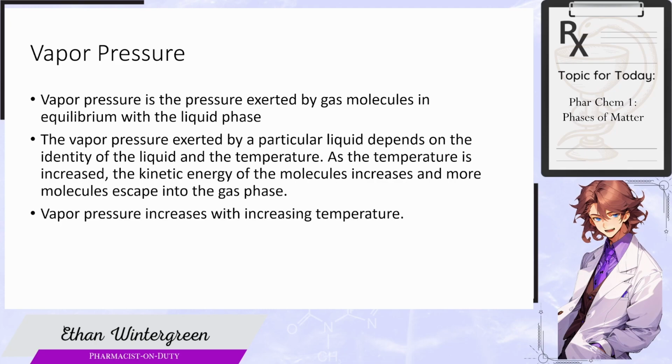The vapor pressure exerted by a particular liquid depends on the identity of the liquid and the temperature. As the temperature is increased, the kinetic energy of the molecules also increases and more molecules escape into the gas phase. Vapor pressure increases with increasing temperature, which is related to our boiling later.